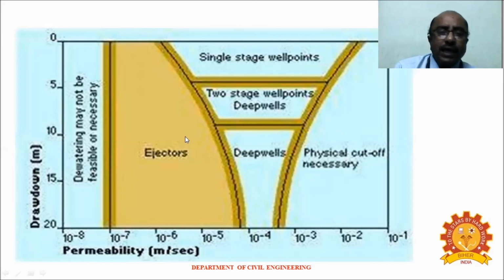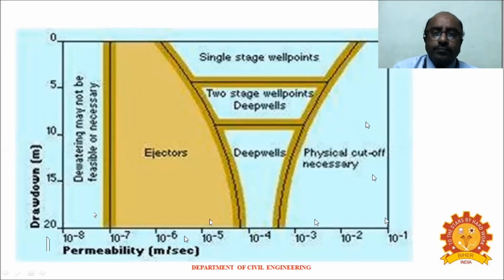This picture shows clearly how much drawdown we can have with the different techniques. Here on the y-axis we have the groundwater table depth, from 0 to 5, 10, 15 and 20, and on the x-axis we have the permeability in terms of meters per second.